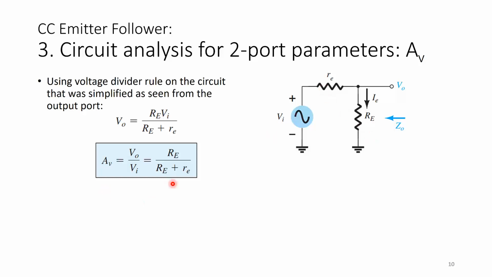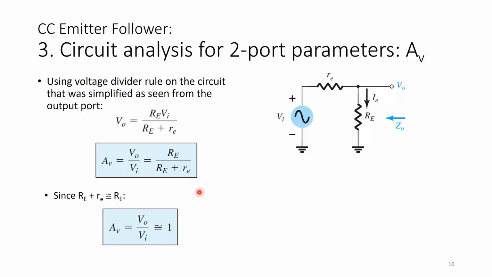Rearranging, Vout over Vin is equal to emitter resistor RE divided by emitter resistor plus small signal parameter re.